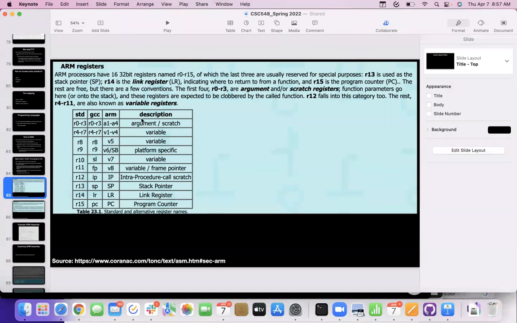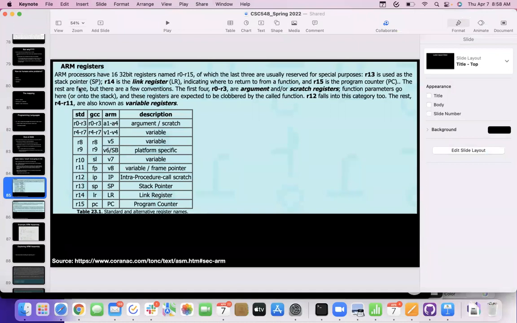Okay, so we kind of see a description of the different registers here. So A1 through A4, although they've called it R0 through R3 here. So, oh yeah, they're calling it for standard thing. This is mapping.